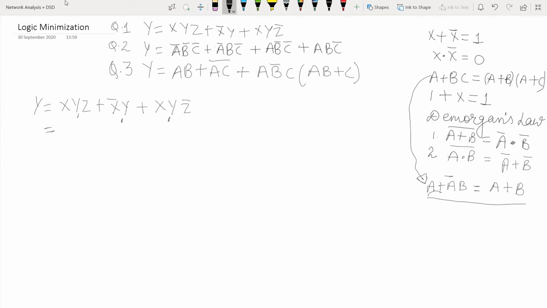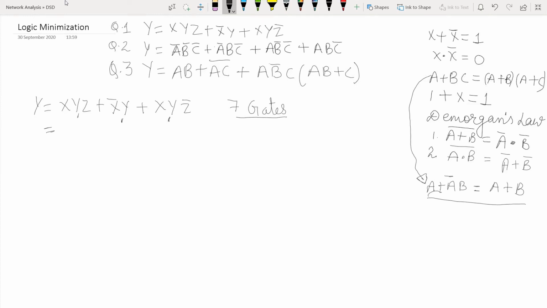So 3 AND gates plus 2 OR gates and plus 2 inverters. So we will need 3 plus 2 plus 2, 7 gates to implement this logical expression. Now let us minimize this using various Boolean theorems and laws, and we will calculate to which extent we can minimize this.